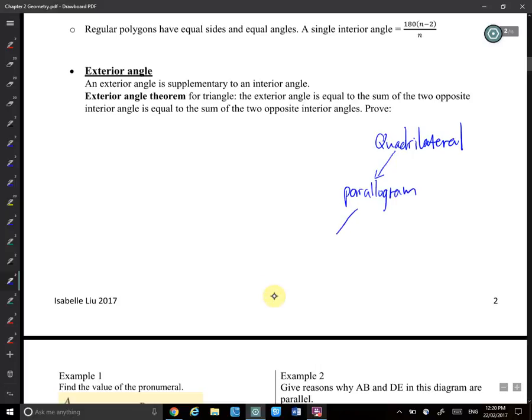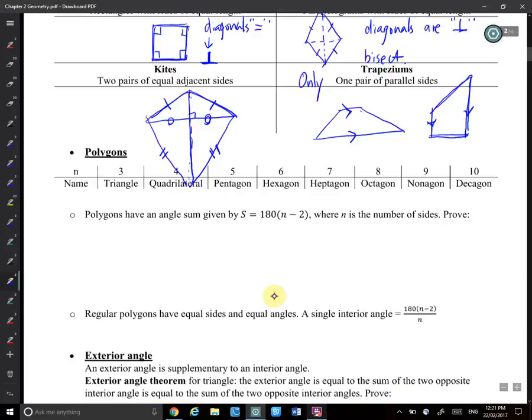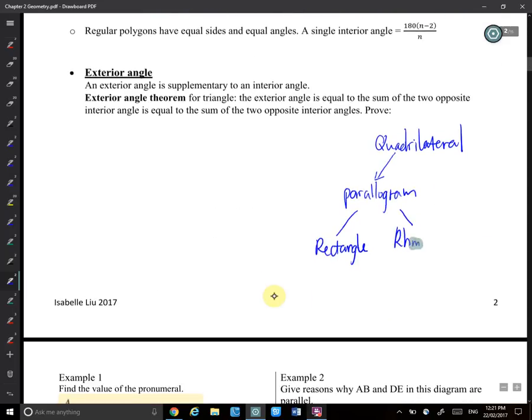Under parallelogram, we can have two other special ones: rectangles and rhombus. Those two can give you another special one, which is the square, because the square shares the property of the rhombus, 4 equal lengths, and also has the same property as rectangles, 4 90-degree angles. So the square will be a special type of rectangle, rhombus, and also parallelogram.